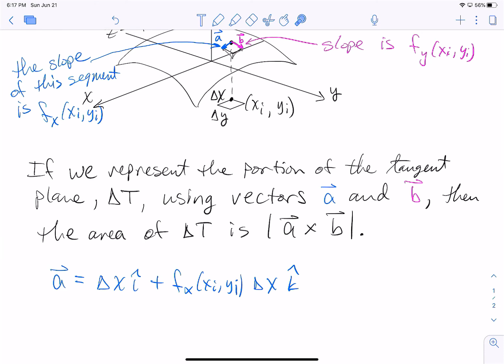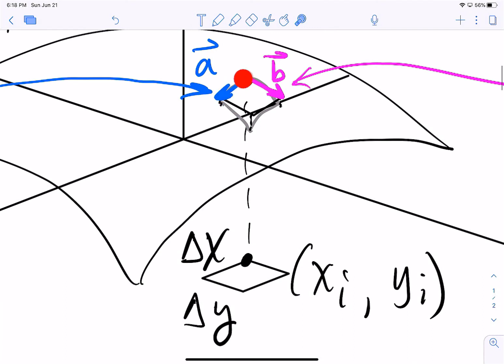The vector A is above the segment delta x, and it has a constant y value, so it only reflects a change in x, not y. In this picture it dips down, but it could point up or be flat. It doesn't really matter. The point here is that A has a j component of 0, but it has an i component that's related to delta x, and it has a k component.